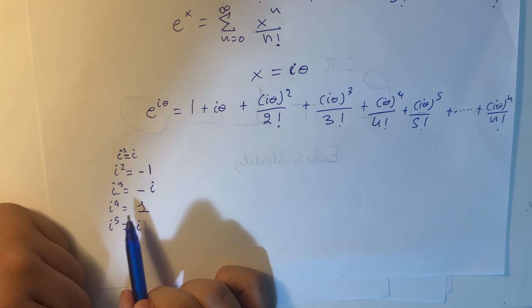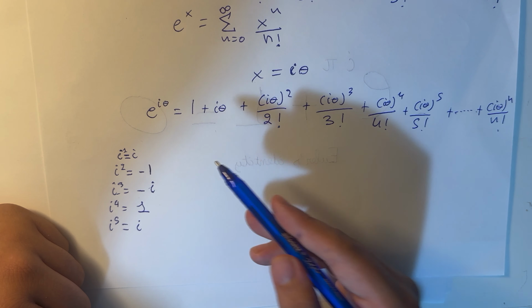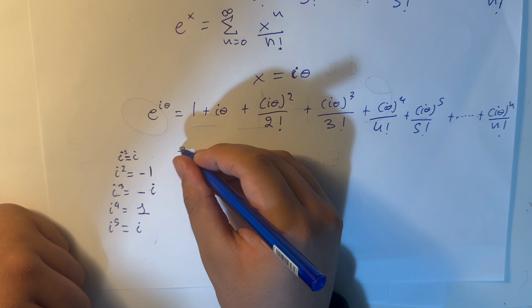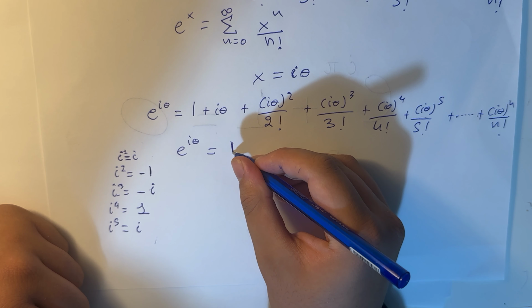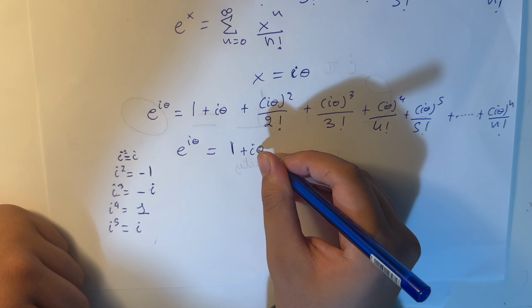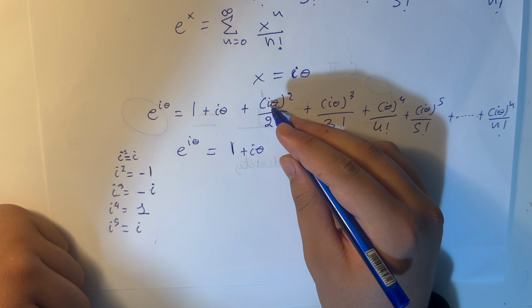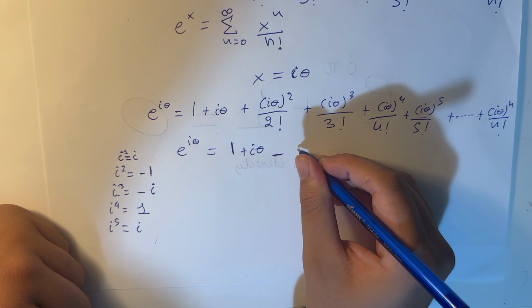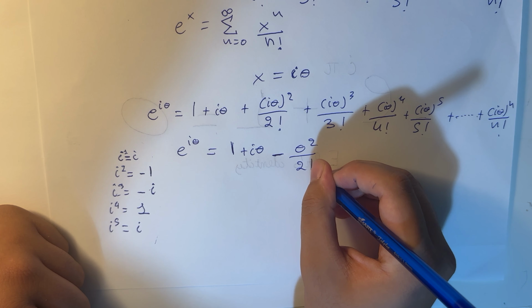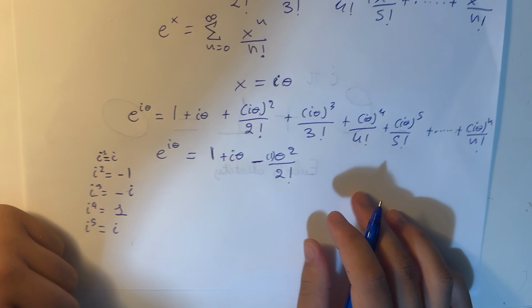So now whenever I see i, I'm going to go ahead and plug in these values here. So I can write e to the i theta is equal to 1 plus i theta, because i is equal to i, obviously. Then, i squared is -1, so I can write this as minus theta squared over 2 factorial. So let's just pretend there's a 1 here, because -1.